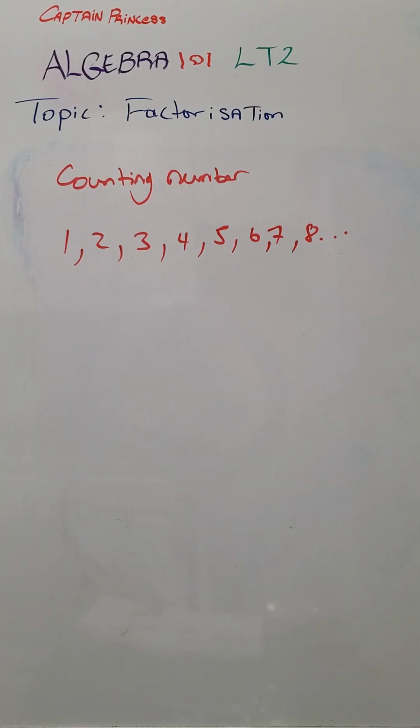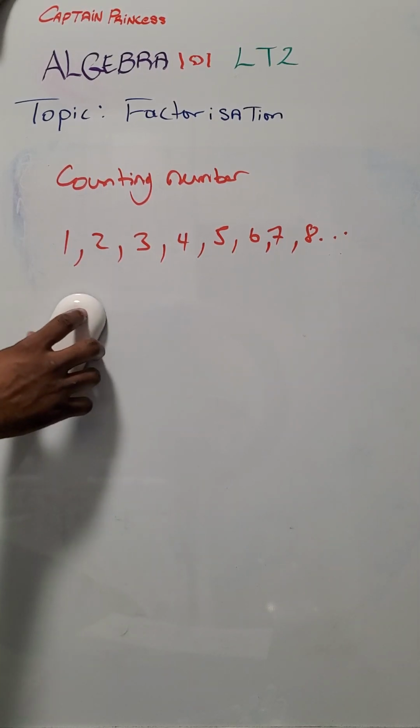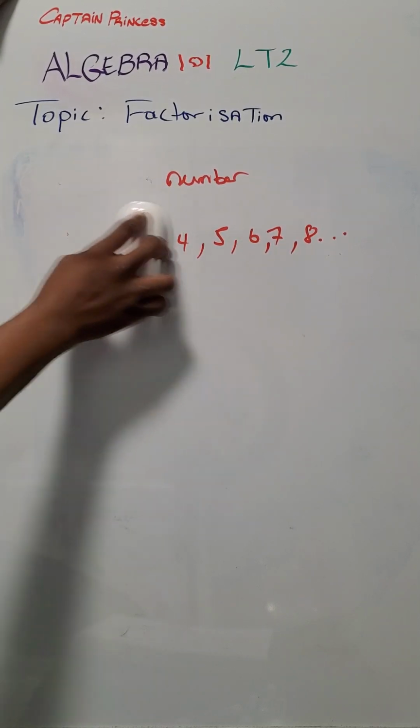So that is how you do the counting numbers. So we discussed how we find a factor. We discussed the various types of number groups. Now we're going to focus on factors of an algebraic expression.